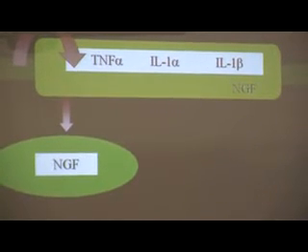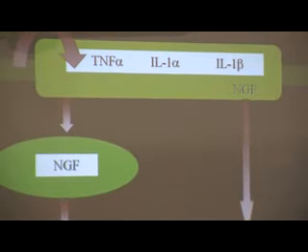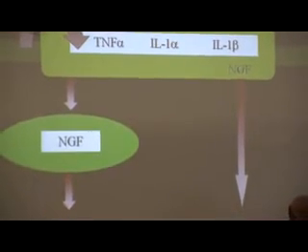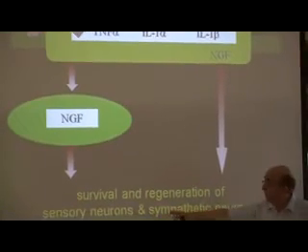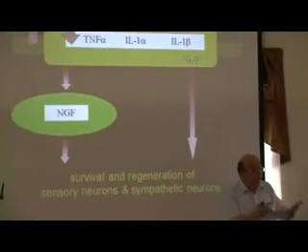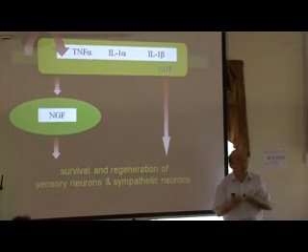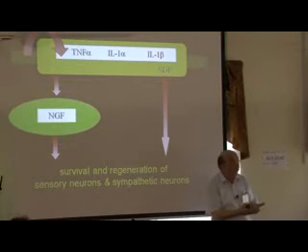But what we do know from yesterday is that NGF will help keep cells alive, and it will also promote the cells that are responsive to NGF. And in the peripheral nerve, we have such cells.